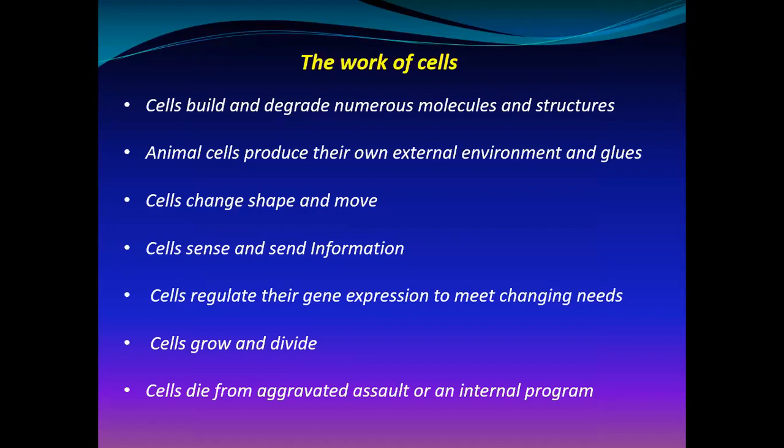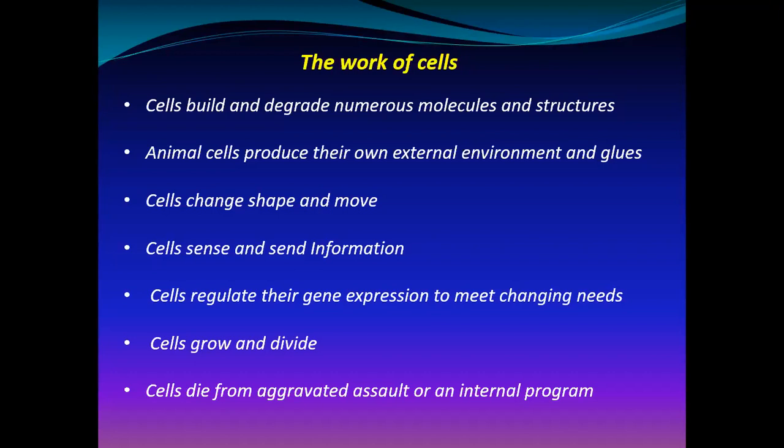Cells build and degrade numerous molecules and structures. These metabolic processes can only happen in the cell; a non-cellular organism doesn't have them. What is metabolism? All chemical reactions taking place in the cell are called metabolism.